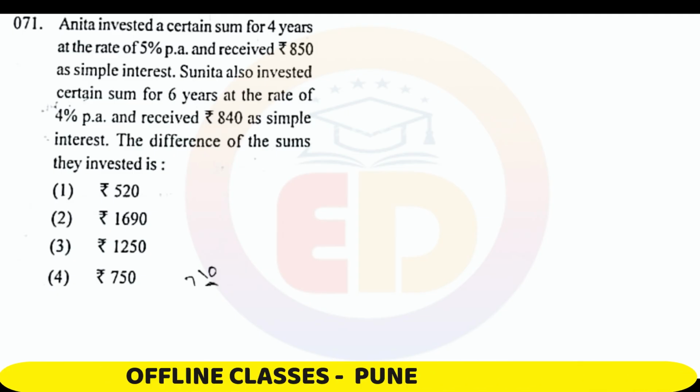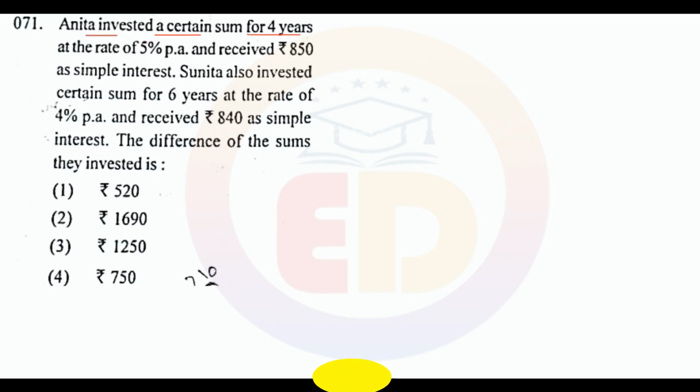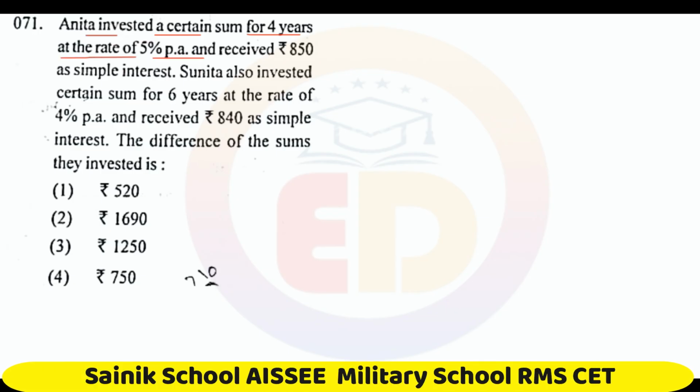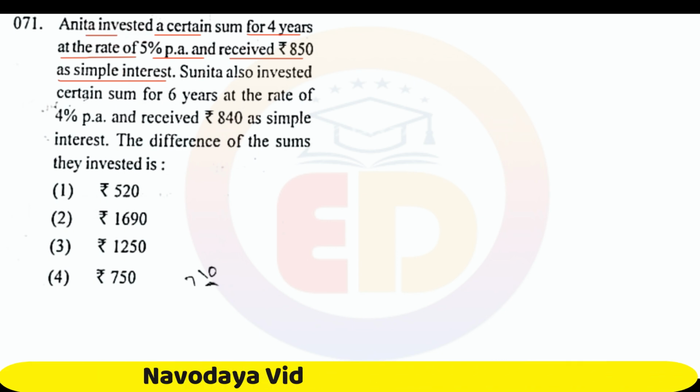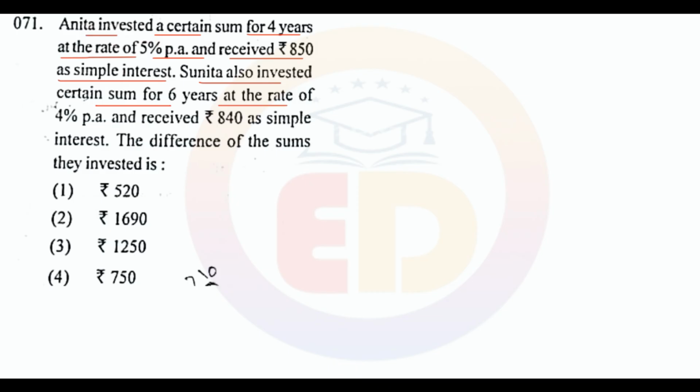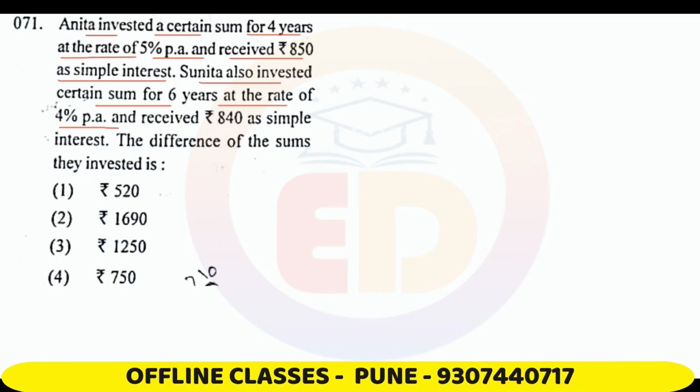Question number 71. Anita invested a certain sum for 4 years at the rate of 5% per annum and received 850 as simple interest. Sunita also invested a certain sum for 6 years at the rate of 4% per annum and received 840 as simple interest.